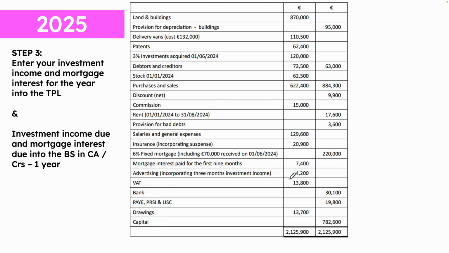So looking at the 2025 question then, we're going back to the trial balance, and we can see here that this sole trader had 3% investments, and they acquired or bought them or invested into them on the 1st of June 2024, and the investments amount were €120,000. So for this year, 2024, you had the investments for 7 months.